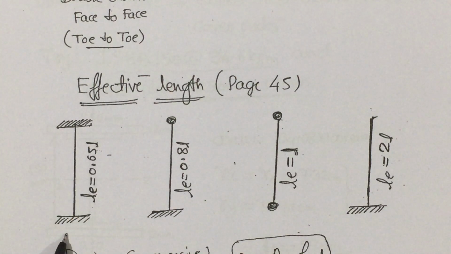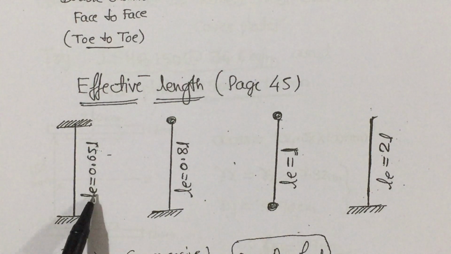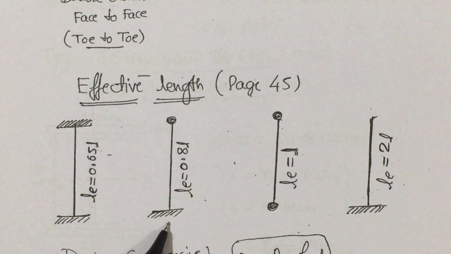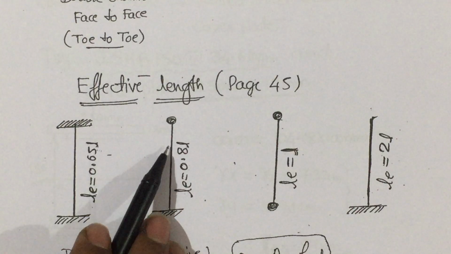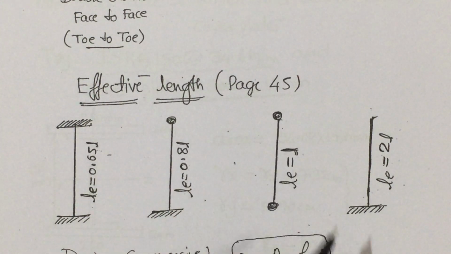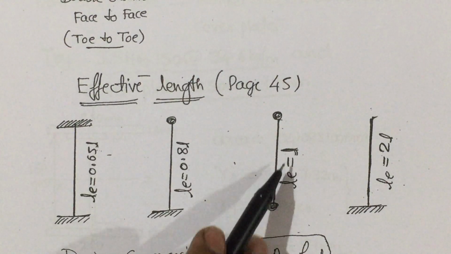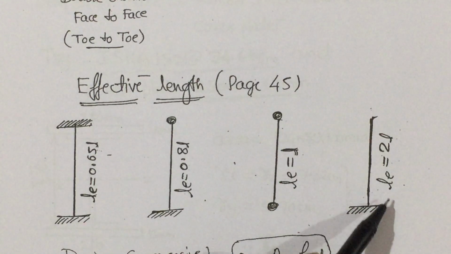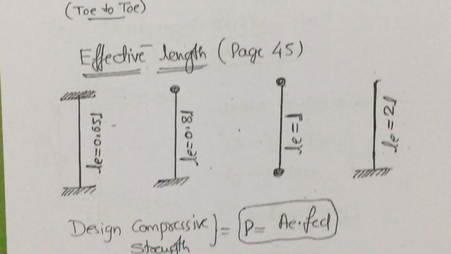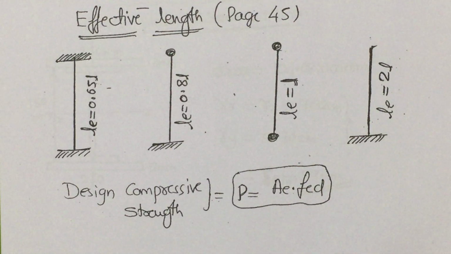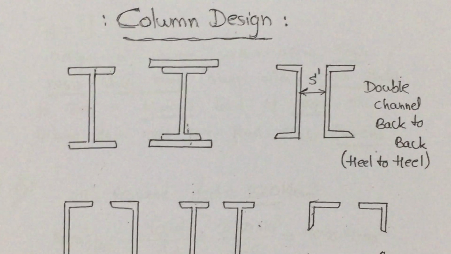If both ends are restrained, that is fixed, LE is equal to 0.65 into L. One end is hinged, another end is fixed, LE is equal to 0.8 into L. Then if both ends are hinged, then LE is equal to L. Then one end is fixed, another end is free, LE is equal to 2L. Design compressive strength is given by PD is equal to AE into FCD.